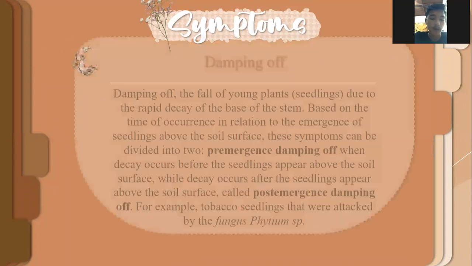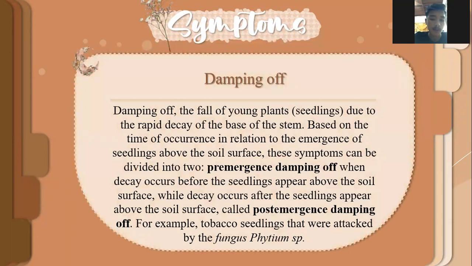Damping off: the fall of young plants or seedlings due to the rapid decay of the base of the stem. Based on the time of occurrence in relation to the emergence of seedlings above the soil surface, the symptoms can be divided into two.